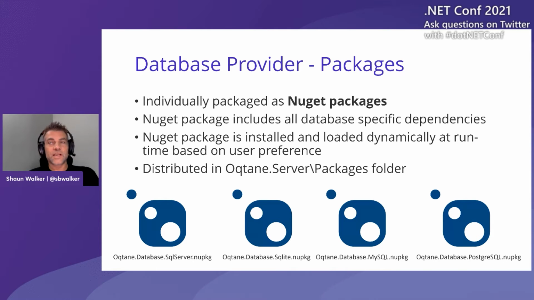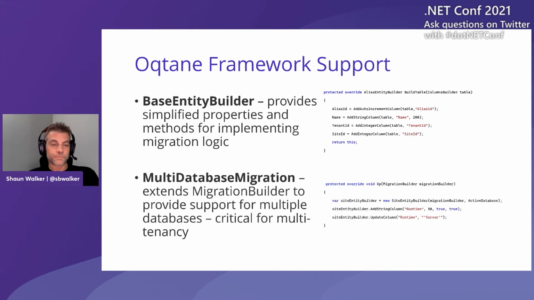So if a user selects that they're going to use SQLite, then it will install the SQLite database provider package. This is how we ensure that not all of the database providers need to be installed by default. The framework also needs to provide support for some other fundamental capabilities, mostly around migrations.